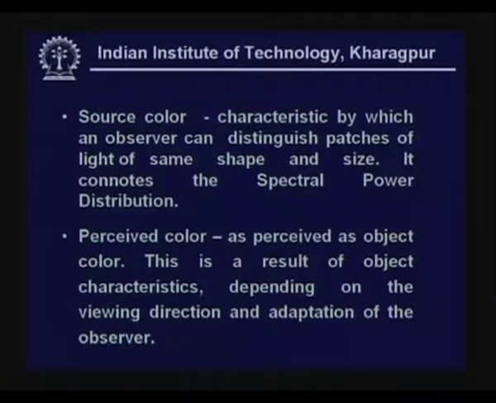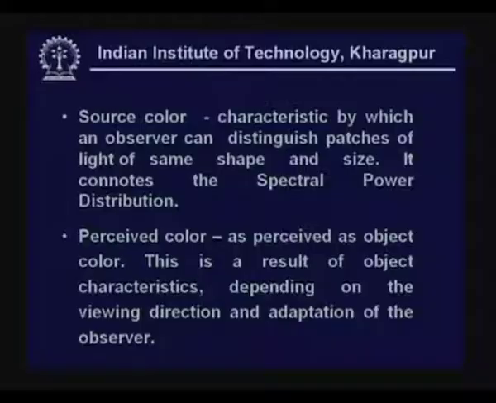Okay. That being the case, what is perceived color? Since there are three elements, color can mean different things under different contexts, as already brought out. You have a source color, an object color, and a perceived color. Perceived color is what the detector detects. What is the detector in this case?